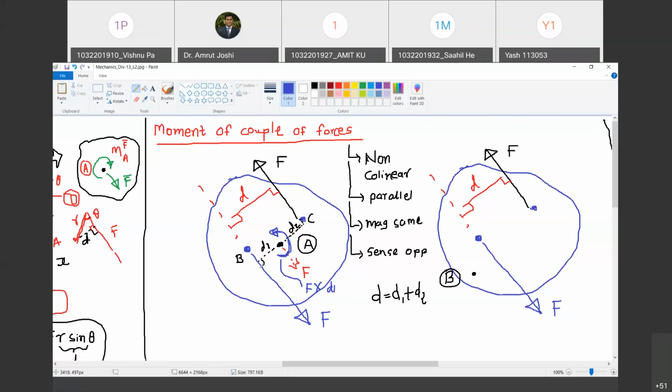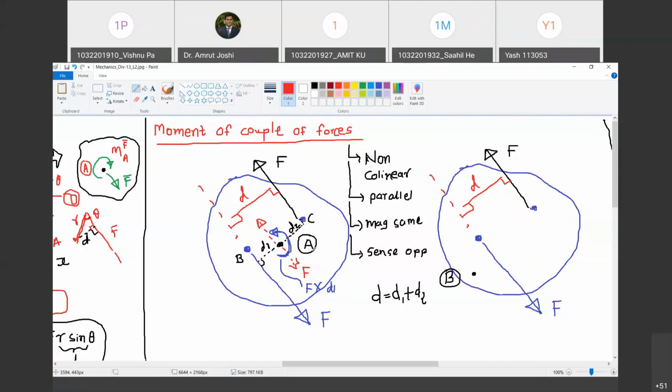Okay. Now I am going to ask you this. Imagine that there is no force acting at B now. There is only force F bar acting at C. What is its effect at A? So what will we have to do? Tell me. I have to transfer this force F as it is here. Do you agree with me? Yes, sir.